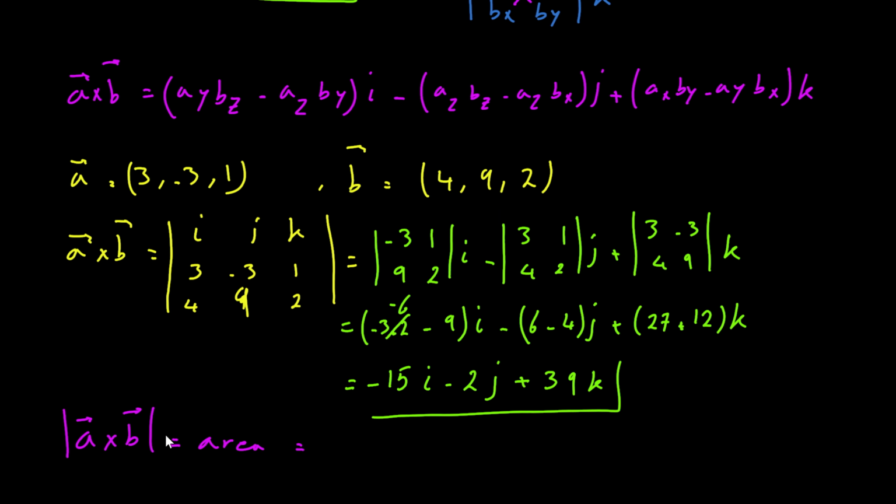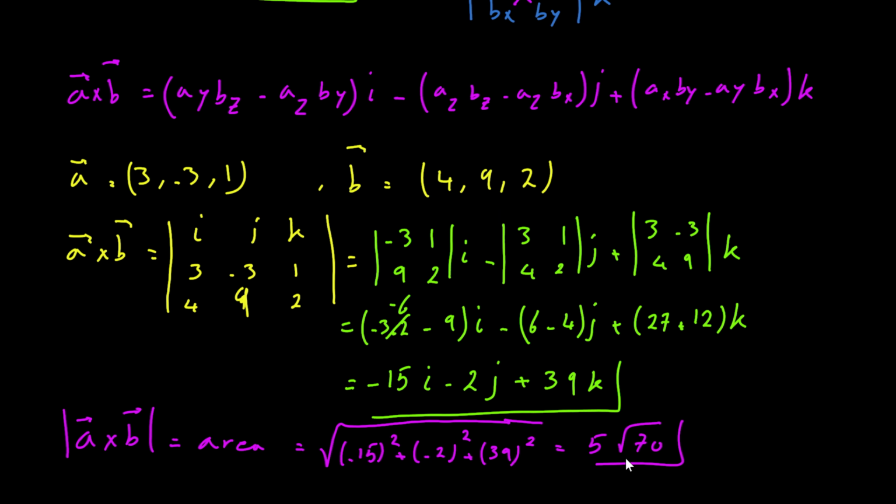All we need is to find the magnitude of it. As we know, the magnitude is the root of the square of each component. So it's going to be negative 15 squared plus negative 2 squared plus 39 squared. If we simplify it, the result will be 5 root 70. And that is the area of the parallelogram formed by the vectors A and B.